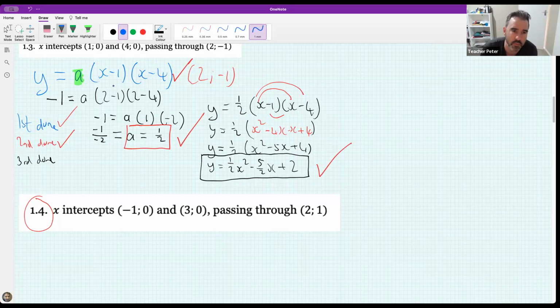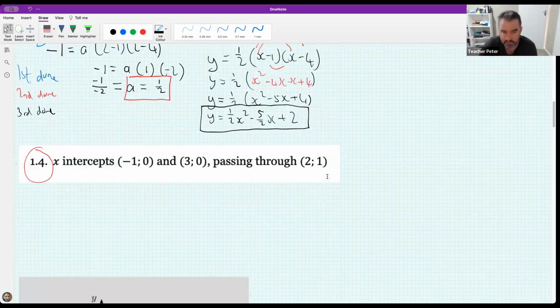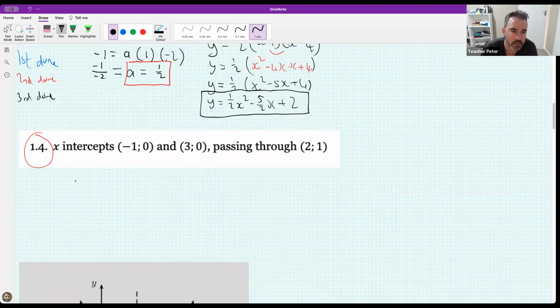Sometimes I've seen a second mark given here, but this would be a 3 or 4 mark question. Does that help, Anushka, for what you were asking about, just the general mark allocation for doing this? I'll also mark allocate for 1.4 as well.